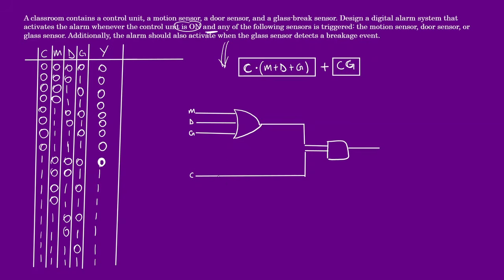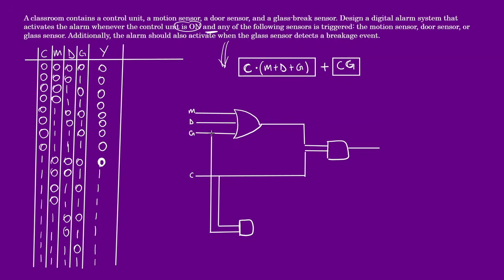C, G. Remember that the gate we're going to use here is the AND gate, because while in this bracket we have M or D or G, here we have simply straight up CG. So it's going to be an AND gate.